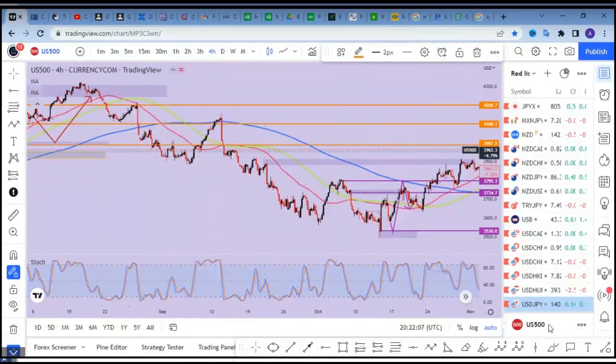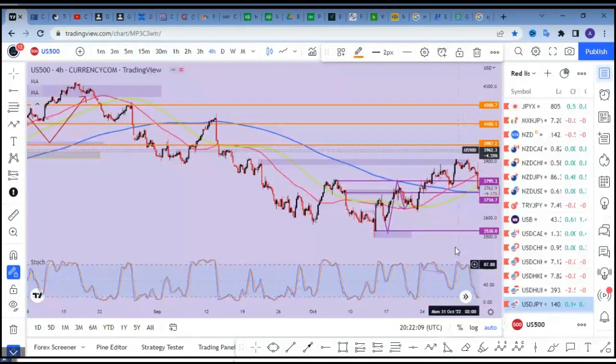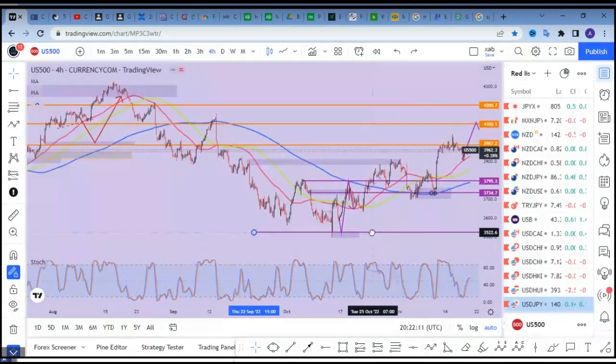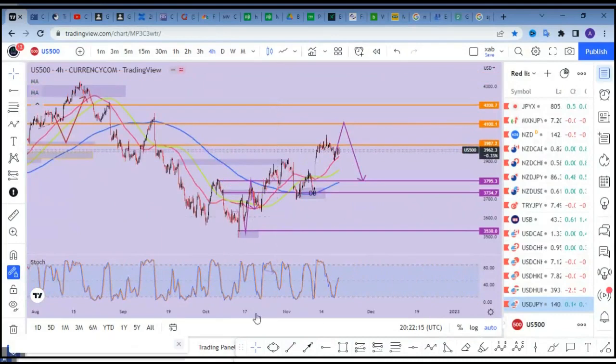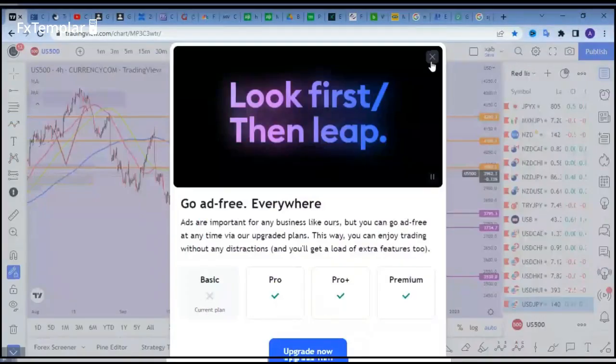That's a high probability supply area, so I think we should get some tangible movements from right over there. So that's US 500. Let's take a look at CAD JPY.